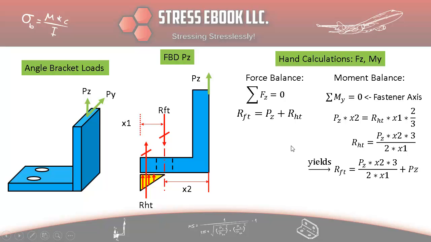We are assuming it's shared equally by the two fasteners over here, so we simply divide this entire reaction by 2. Now notice here that I have a negative sign. The reason for that is because the RFT is going down, and in our sign convention, PZ is positive up, and any load going down is negative along Z. So that's why we have that negative RFT.